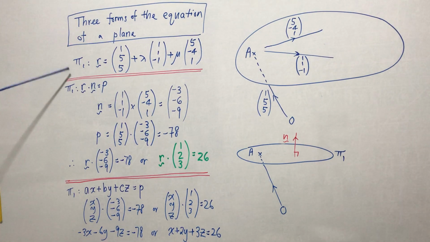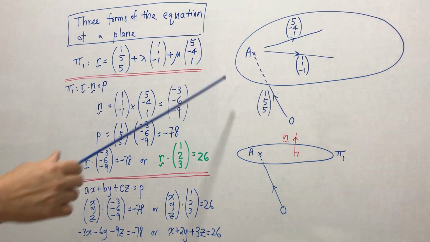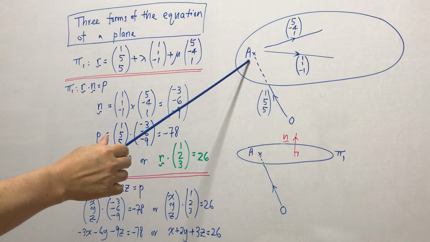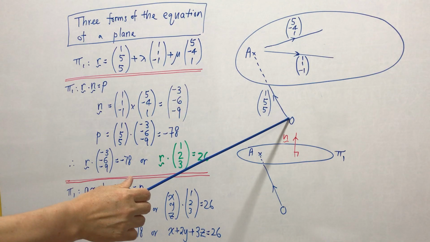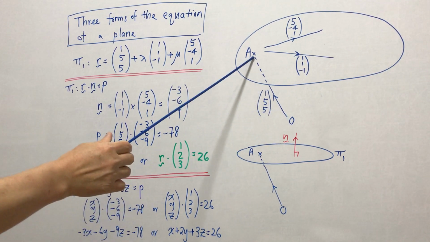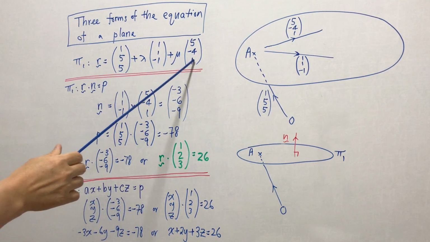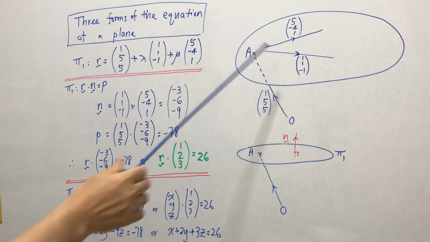For the first form, we have a first vector which represents a point on the plane. Like in this case, if this is a point on the plane, which means it sits on the plane, and the origin is potentially here, then this is a position vector of the point A. And then there are two other vectors which are parallel to this plane.